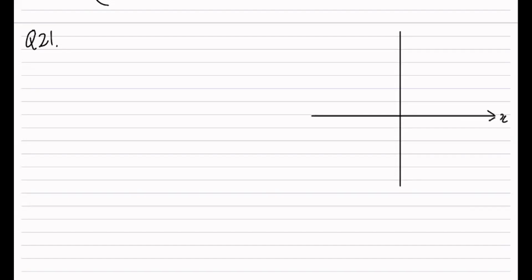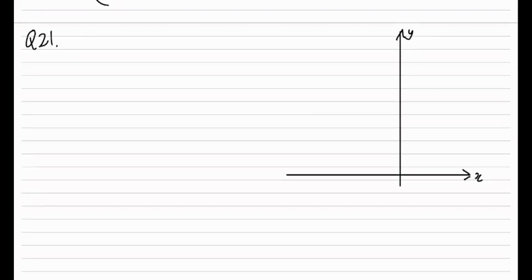Here, x-axis, y-axis. Maybe I'll bring it down a bit. We got a line like this. We copy it down. Make it a little bit longer.